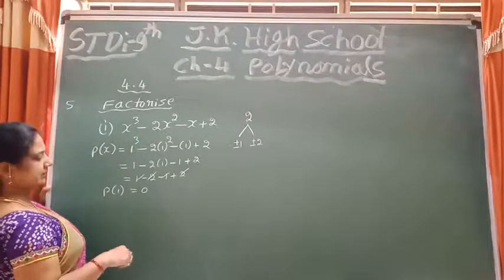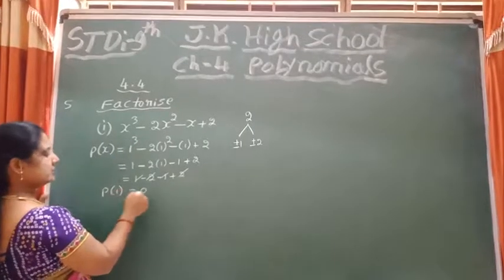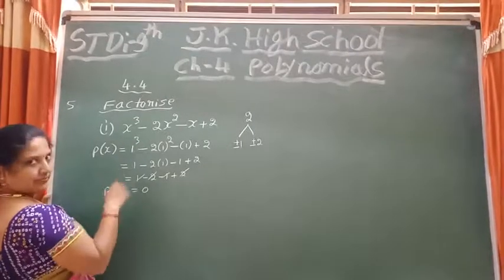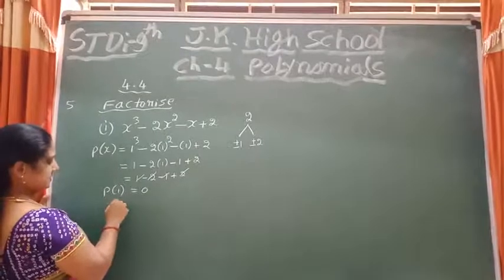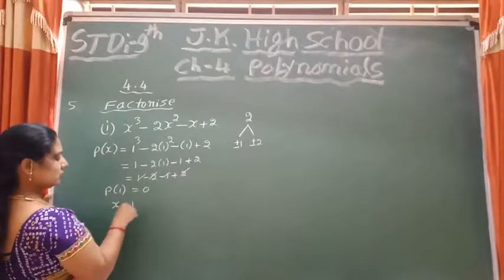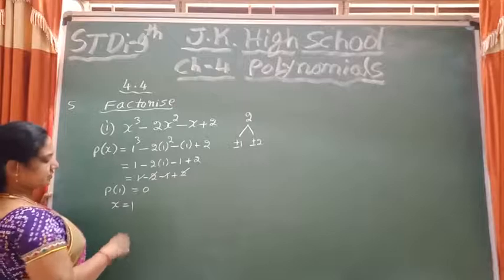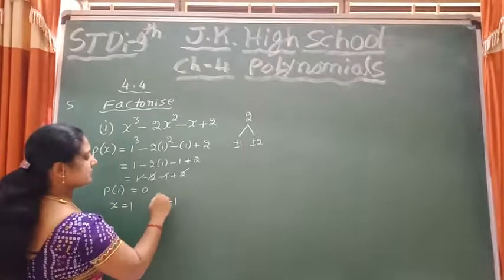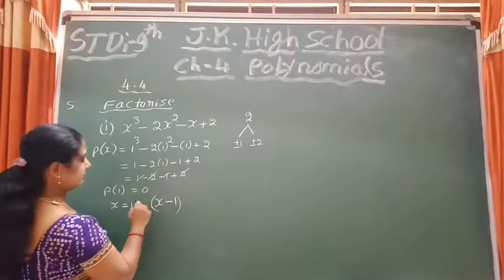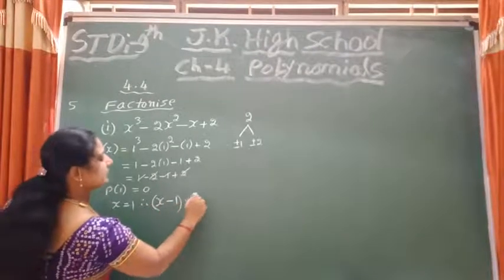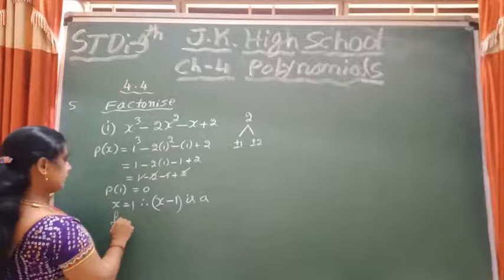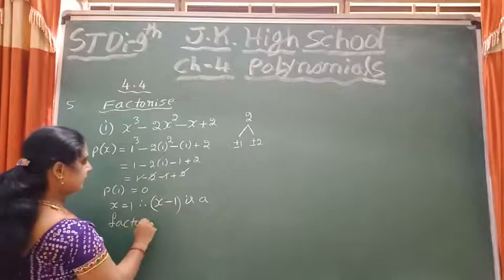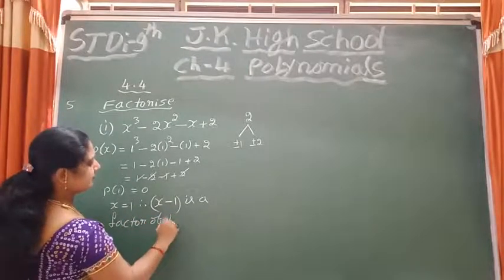If x is equal to 1, taking it to this side, it becomes x minus 1. Therefore x minus 1 is a factor of this polynomial.